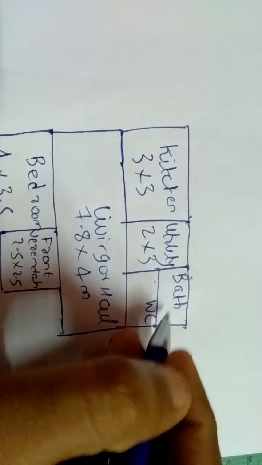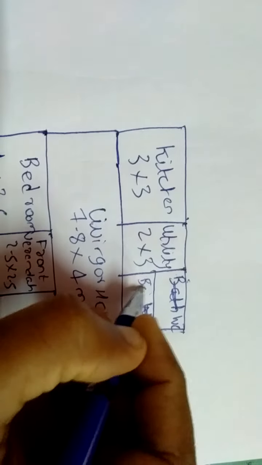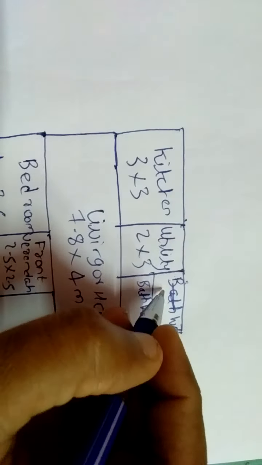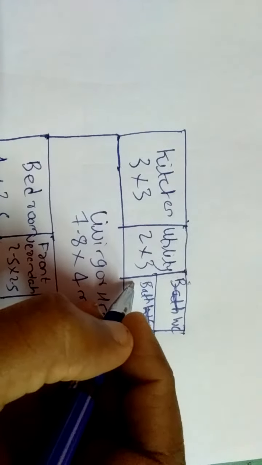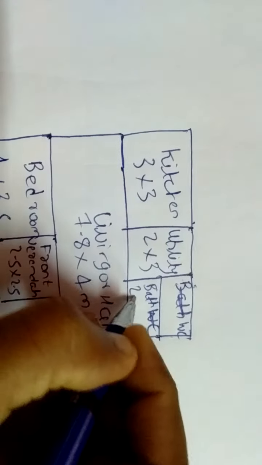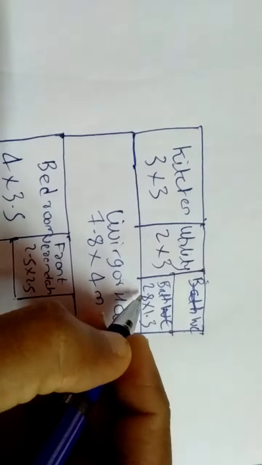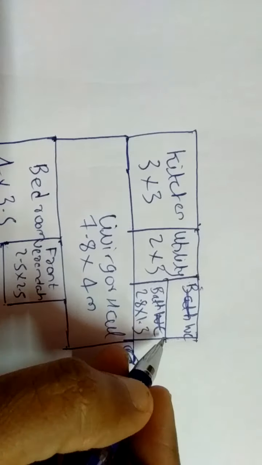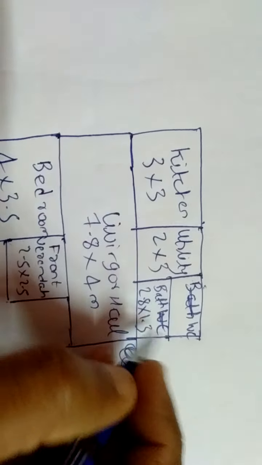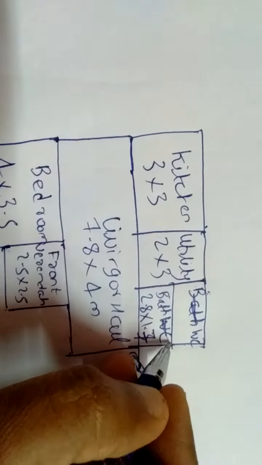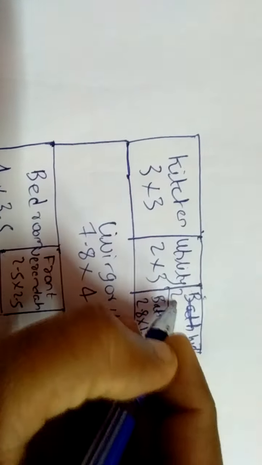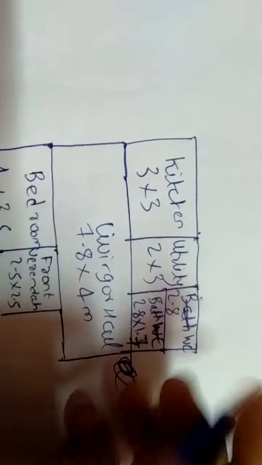Or you can also give this one as WC at the corner and this one as the bath. The bathroom size is given as 2.8 by 1.7, so this is 2.8, this is 1.7, and the water closet size is 2.8 by 1.3.